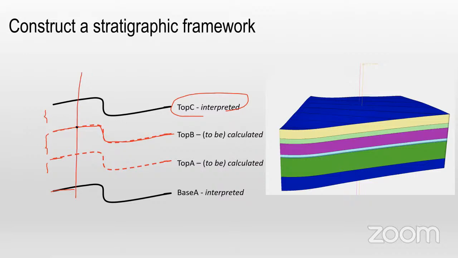Based on the information of well tops, and also with the interpretation of the sedimentology, and also with the isopack maps or isocore maps that you created. Because if you have isopack maps, you can calculate the thickness of the intervals between the horizons.